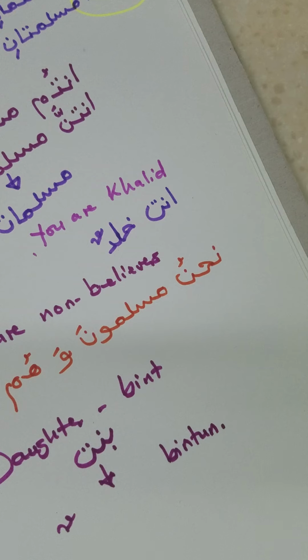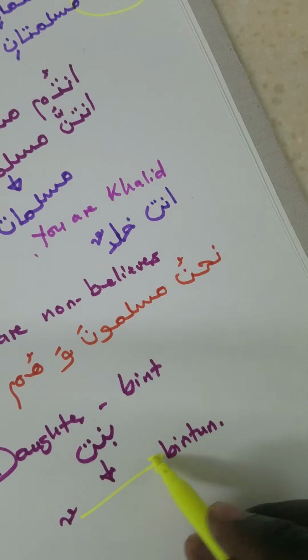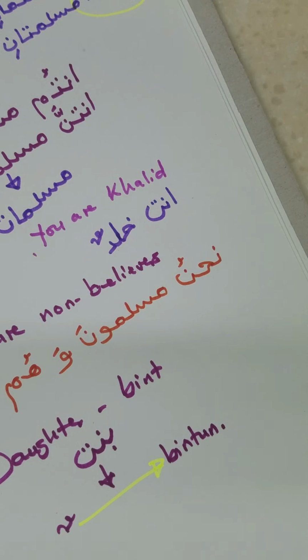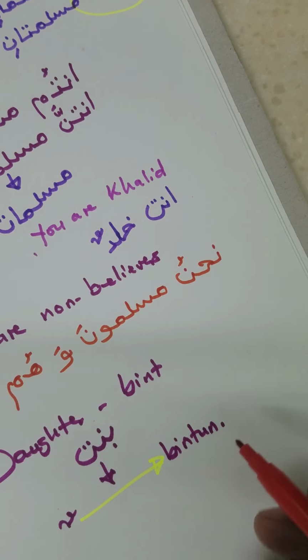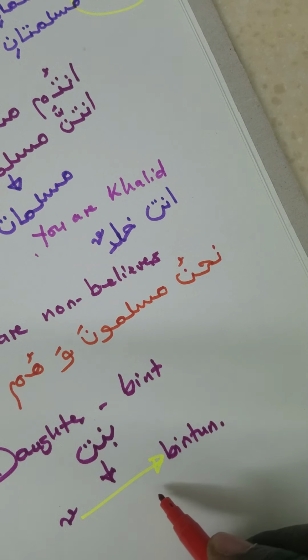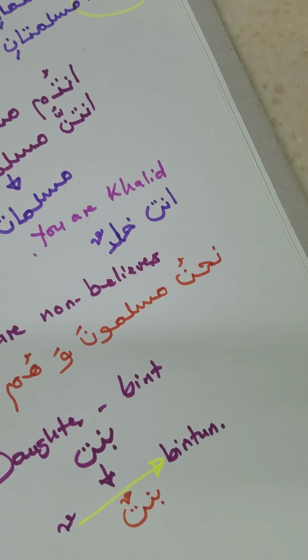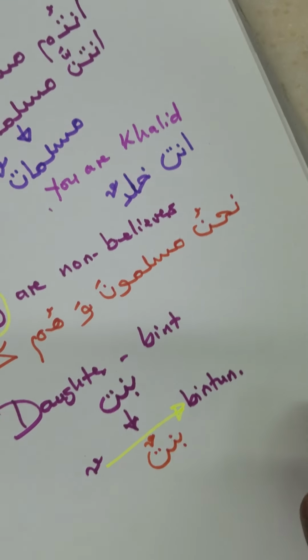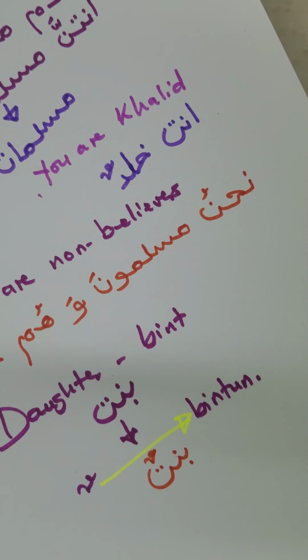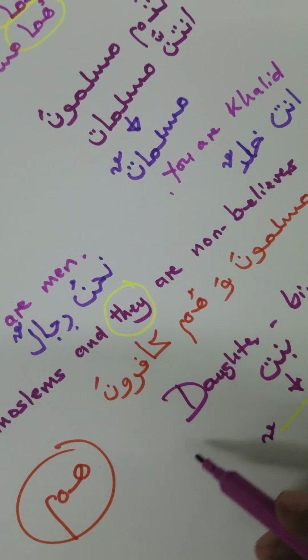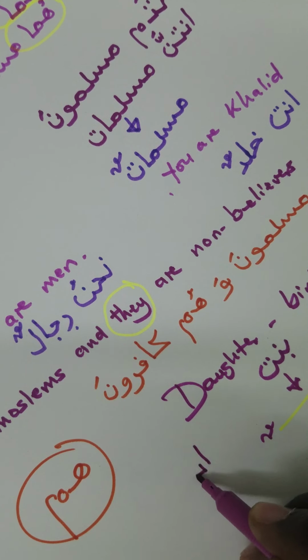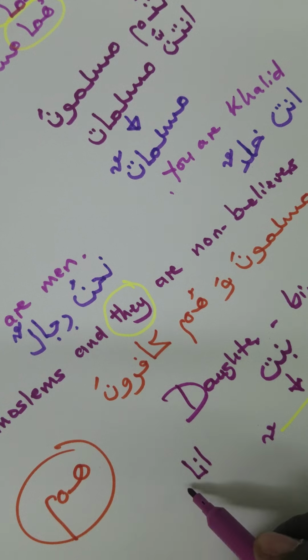Because of the tanween, it will be written as bintun. So if he's saying I am a daughter, you will see it being written as ana bintun.